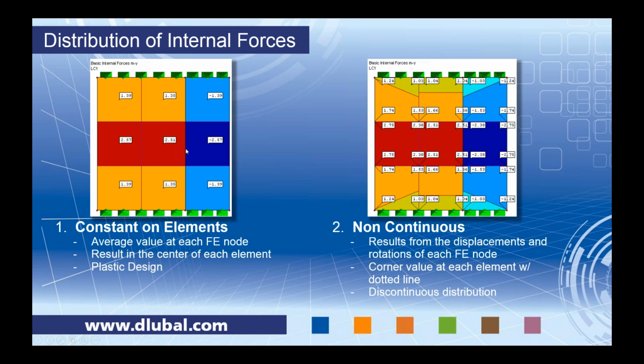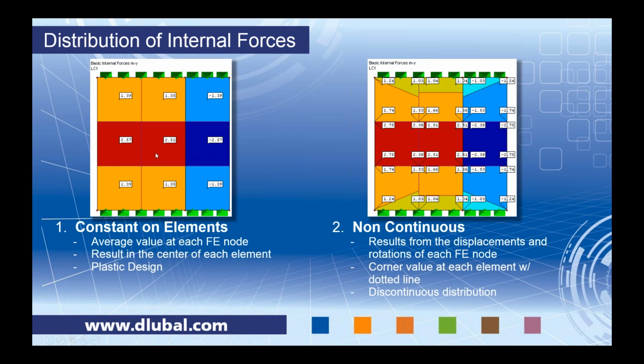So this is a single FE node here, and it's going to take the four corner points for this FE node, it's going to average them, and then it's going to place the results in the middle of the FE element. You'll notice that we do not have any contours here. Each FE element is actually colored in its own cell. This is ideal for plastic design. And so this is probably what we'll want to refer to.